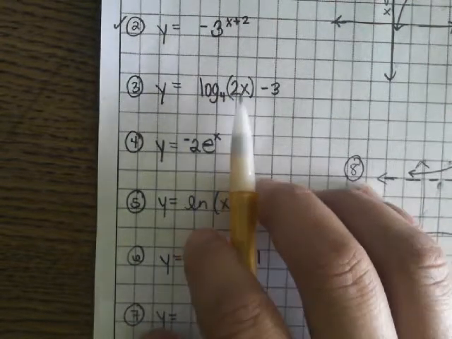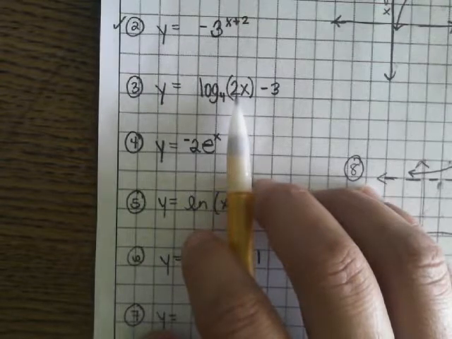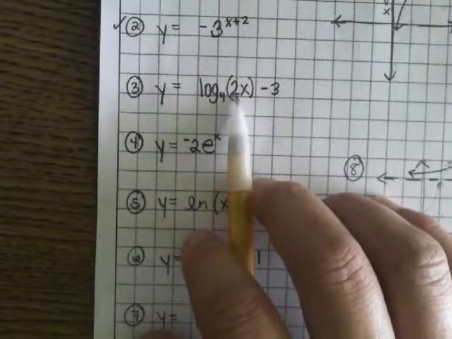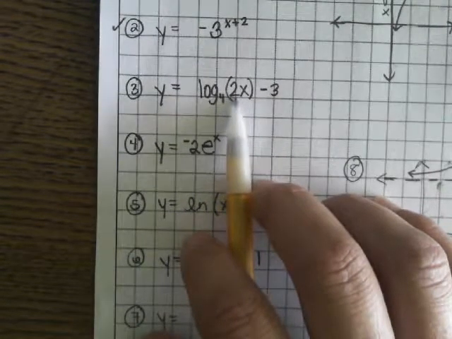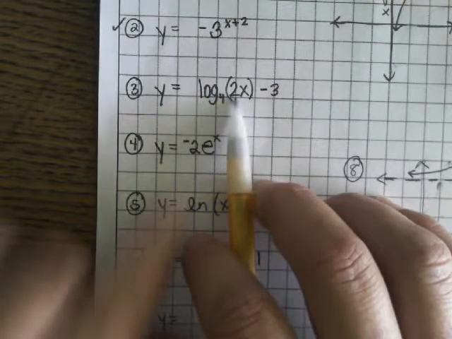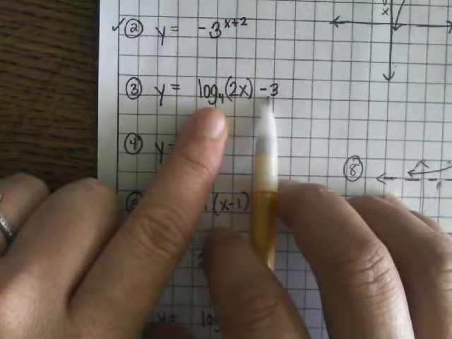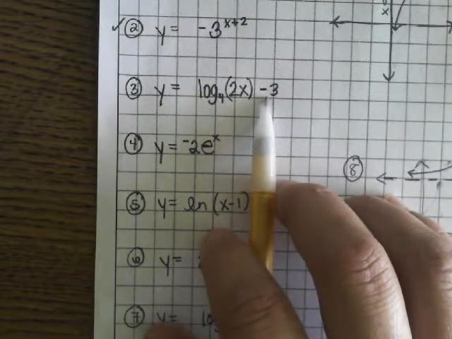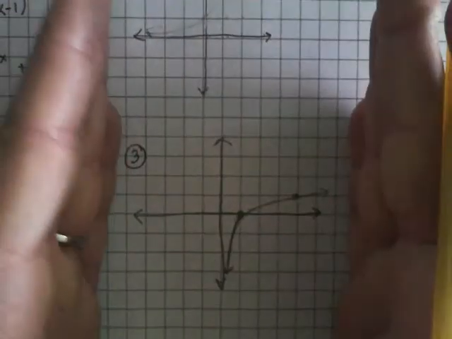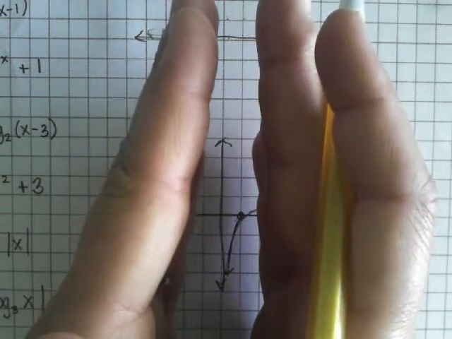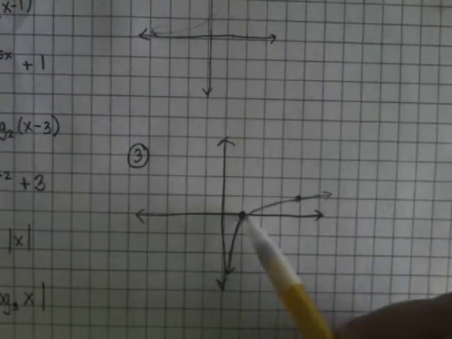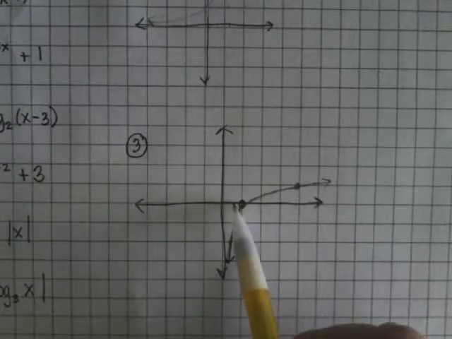So this is actually a horizontal compression of a half, followed by, try this one, Paul, what's the minus 3 do? Shifts it down 3. So we're going to horizontally compress this graph inward towards the y-axis and then shift it down 3. Starting with this point, compressed by a half is going to put it there, and then down 3 is going to put it right.